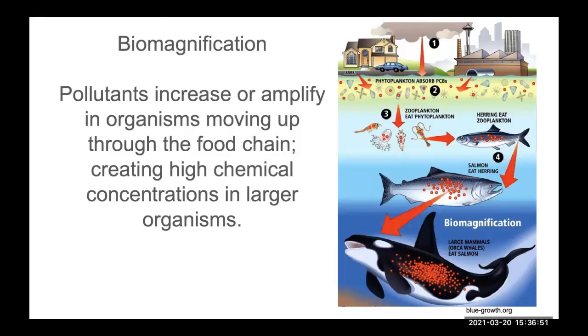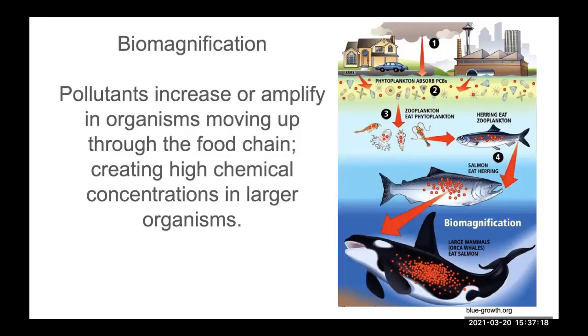And as the zooplankton eat the polluted phytoplankton, now they have an increase in the chemical concentrations. As the zooplankton are eaten by the fish, they are getting more of those chemical concentrations. As the salmon eat the herring, more chemical concentrations. And as the orcas are eating the salmon.